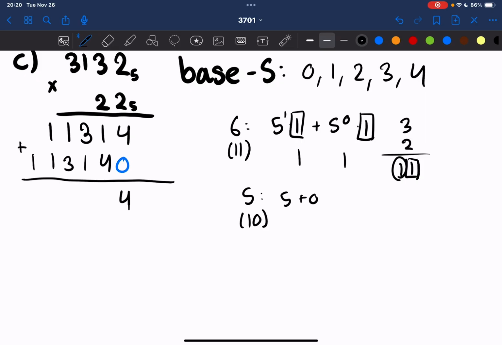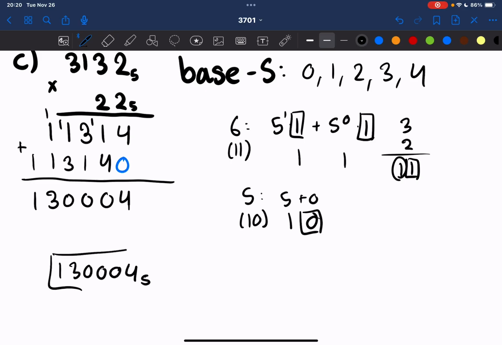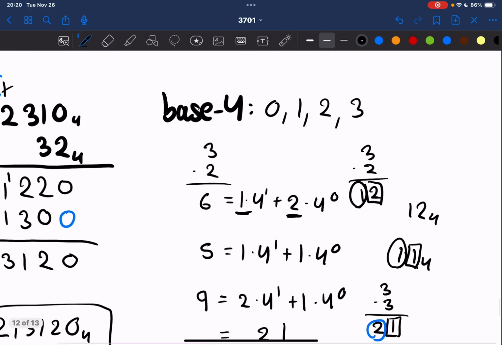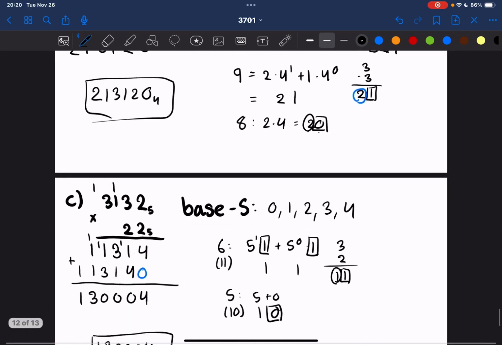So we take that first digit here, 10, carry the 1. We get 5 again, so we put 0 and 1, right? Same thing. And then we get 5 again, so we carry that. And we get 1 plus 1 plus 1. That's 3. That's fine. And then lastly, just 1. So our answer should be 130004 base 5. And notice I've basically done the exact same method each time.